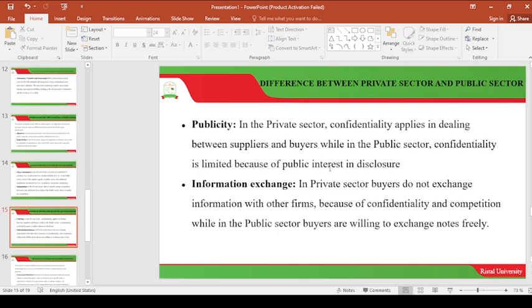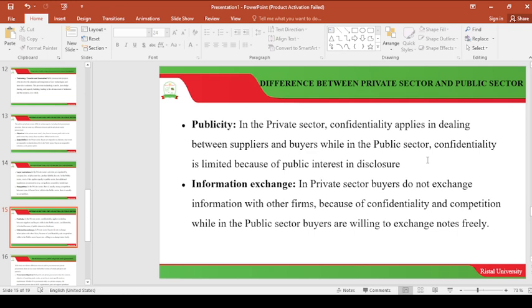Yes. Another difference between the two sectors is publicity. In the private sector, confidentiality applies in dealings between suppliers and buyers. So in the private sector, the level of confidentiality is very high, or there is non-disclosure of information between the supplier and the buyers, while in the public sector, confidentiality is limited because of public interest in disclosure.